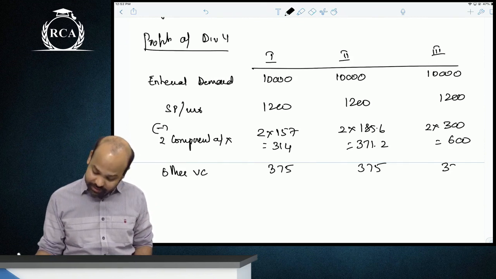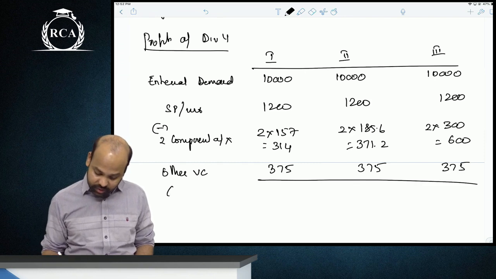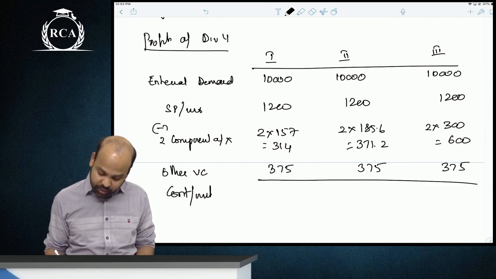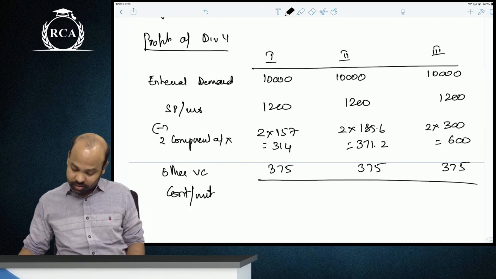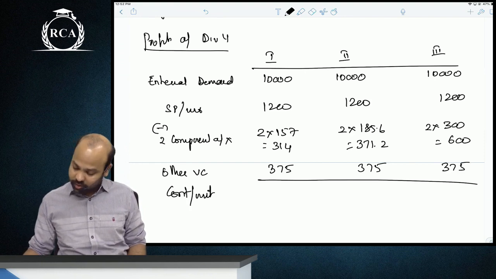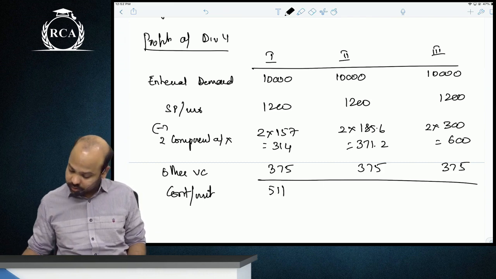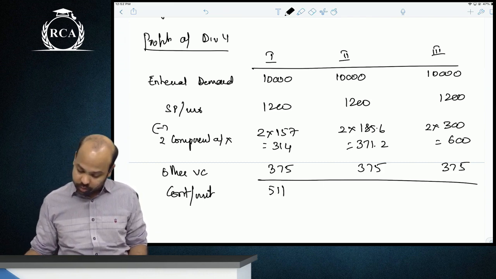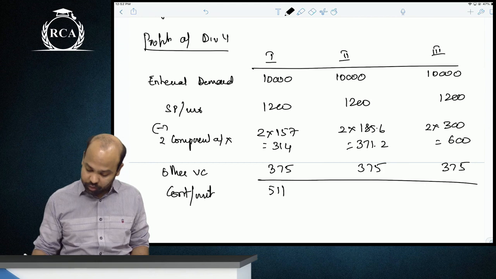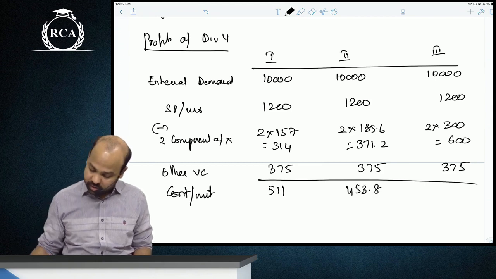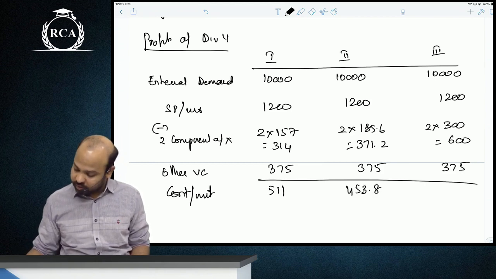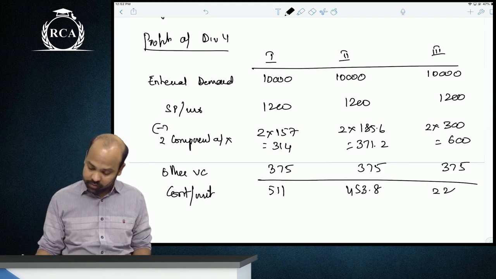So the contribution per unit would be 1200 minus 314 minus 375, which is 511. 1200 minus 371.2 minus 375 is 453.8. 1200 minus 600 minus 375 is 225.